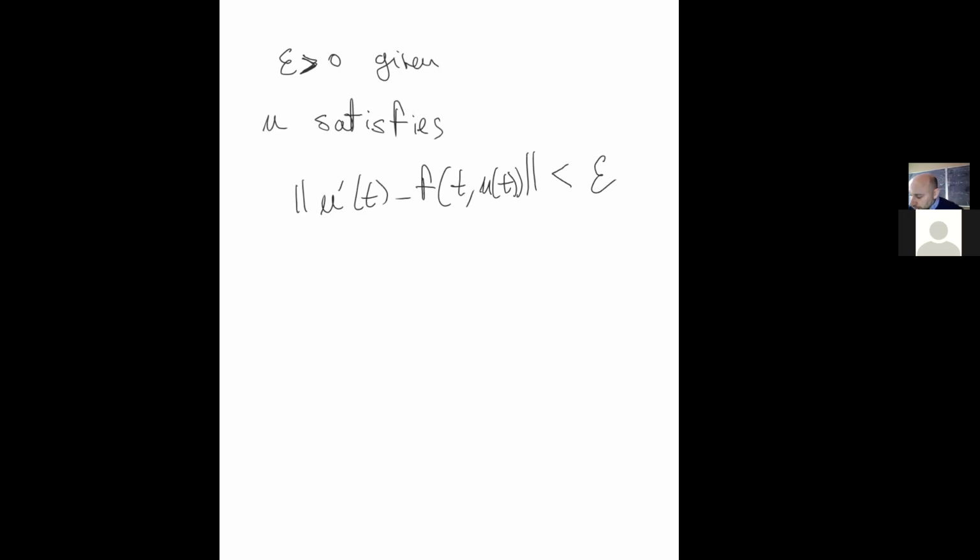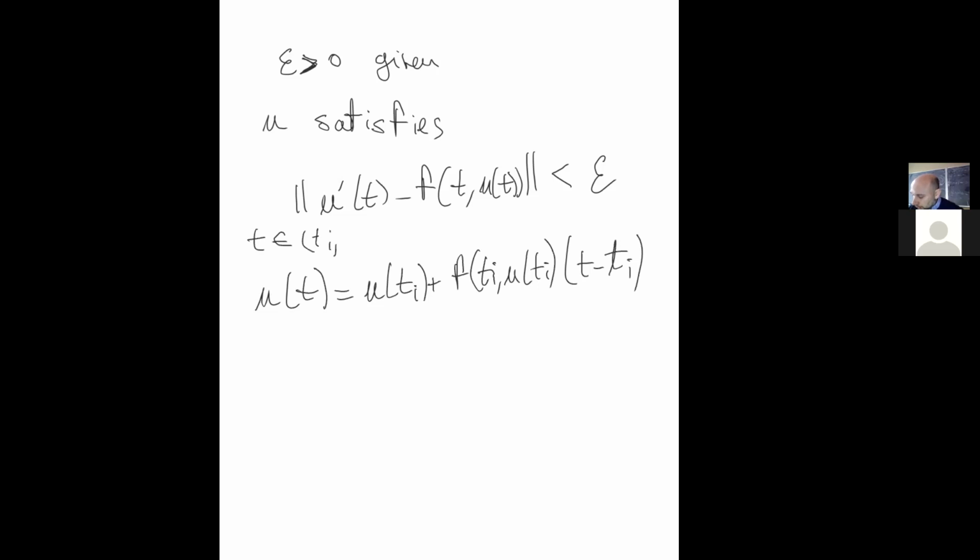And so the u is given by this formula: u(t) equals u(t_i) plus f(t_i, u(t_i)) times (t minus t_i), for t belonging to [t_i, t_{i+1}].